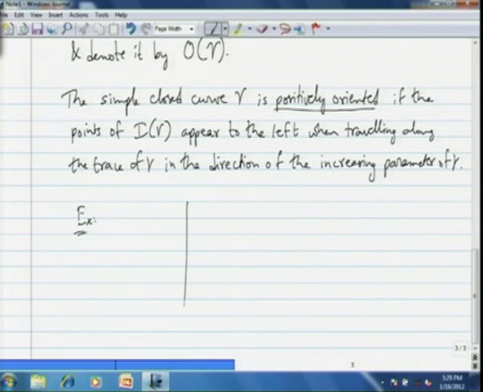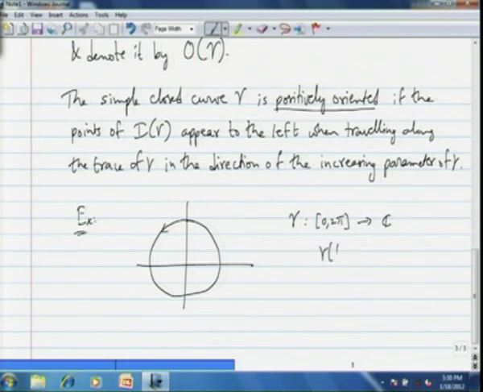So, for example, if you consider the unit circle, and then you consider the function gamma of t is cos t plus i sin t, 0 less than or equal to t less than or equal to 2 pi, then you start here and the trace in the complex plane goes in the counterclockwise direction to the observer from the top of the plane.